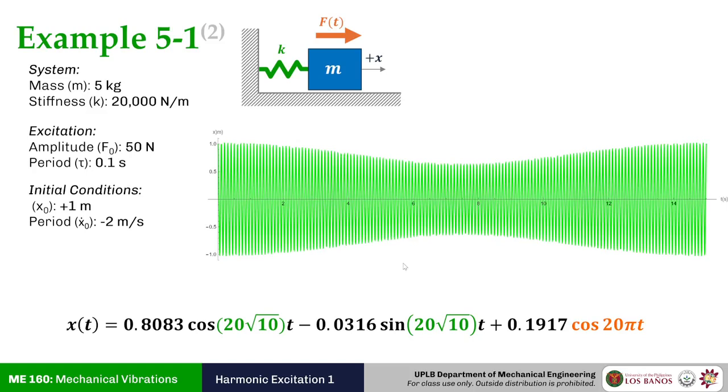We won't tackle that part just yet, but there is a way to interpret the response of a system under harmonic excitation without having to go through the time domain. For now, let's just enjoy how it looks. It kind of looks like a sideways hourglass, I guess. All right, let's go to the next example.